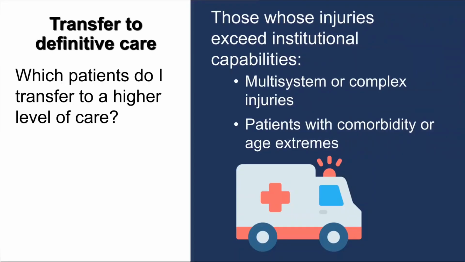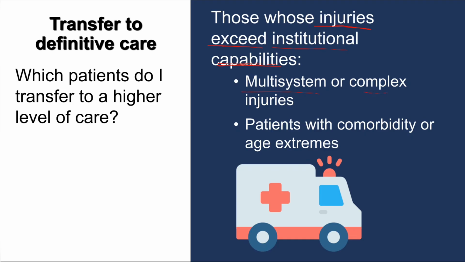Which patients do I transfer to a higher level of care? This is all those patients whose injury exceeds my institutional capability. My institution, for example, cannot let me do a cardiothoracic surgery, and my patient is having a massive hemothorax. So I just give fluid and blood and resuscitate the patient, sending them directly to another hospital.